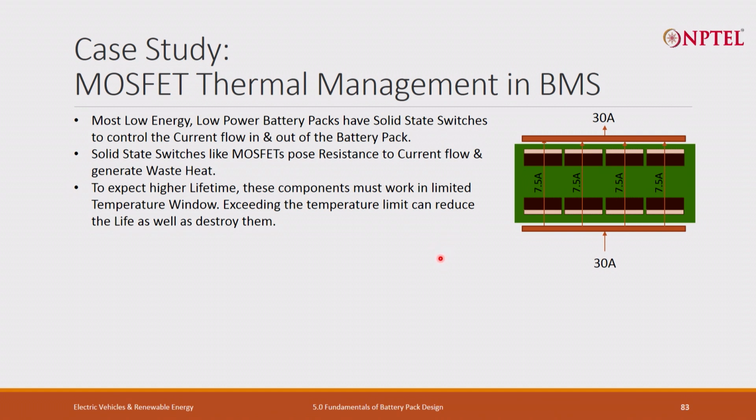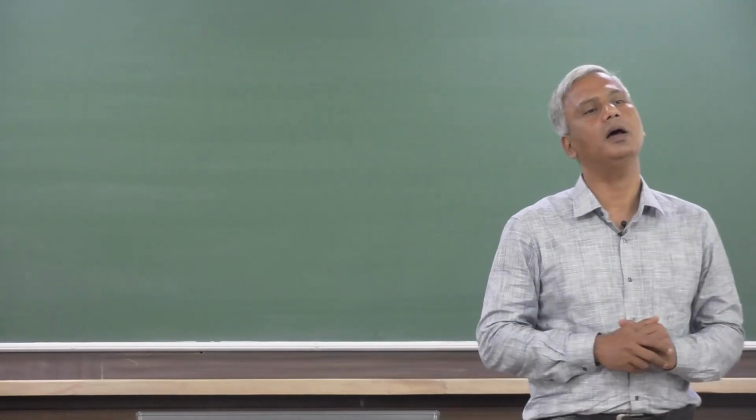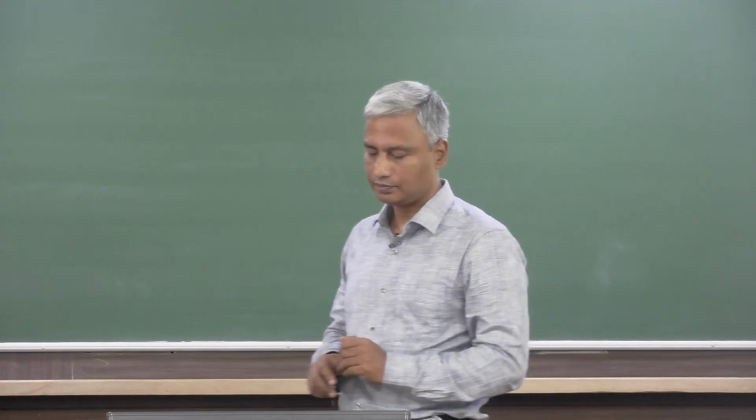To expect no failure or higher lifetime, this component must work within a limited temperature window. If your temperature is exceeding it, first of all your lifetime comes down. Second, it may fail after a particular temperature.